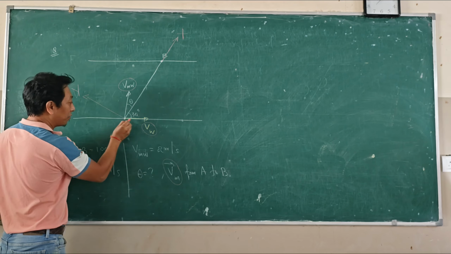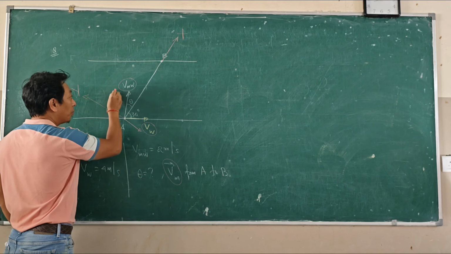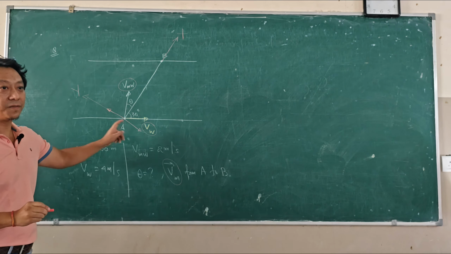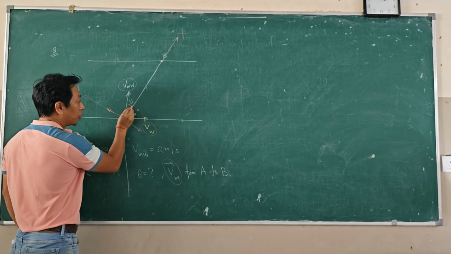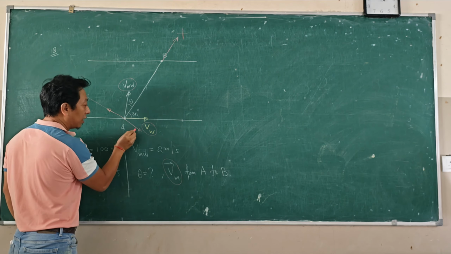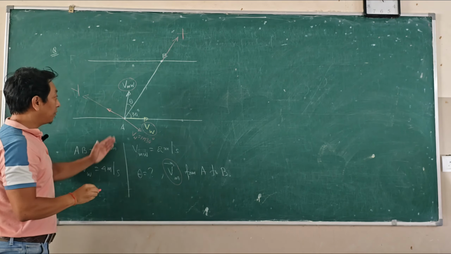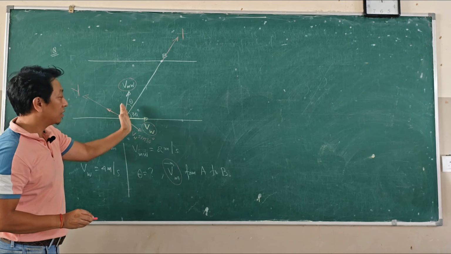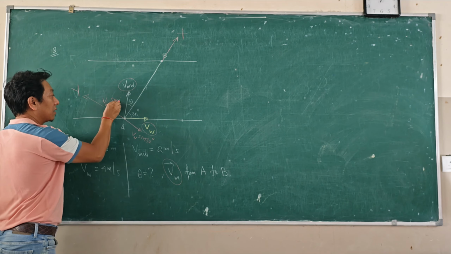That means the component of Vw here and the component of Vmw here should cancel each other. Now if this is 30, Vw will have one component here, Vw cos 30, here Vw sin 30. And if this is Vmw at theta, this will be Vmw cos theta, this will be Vmw sin theta.